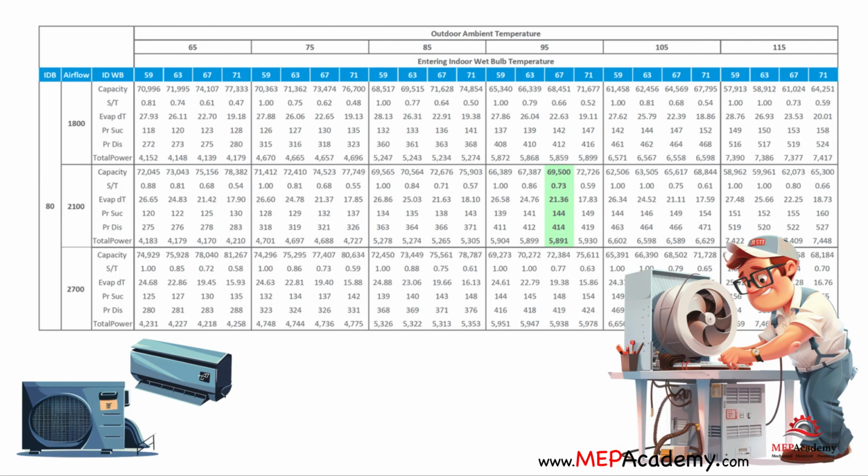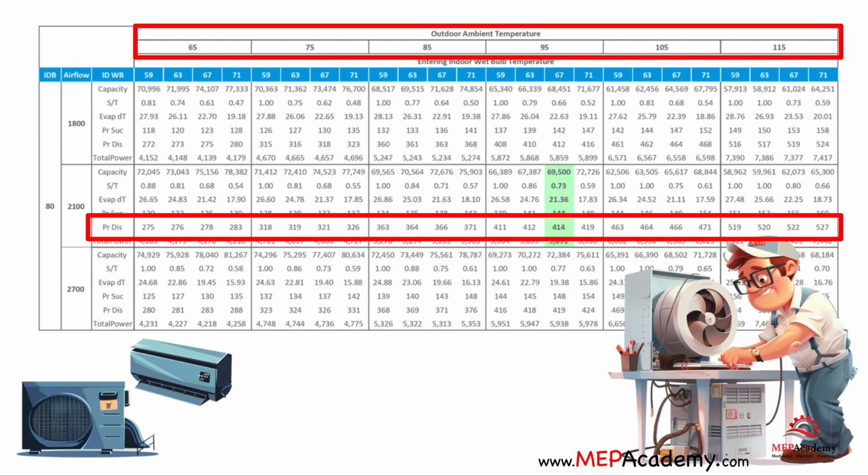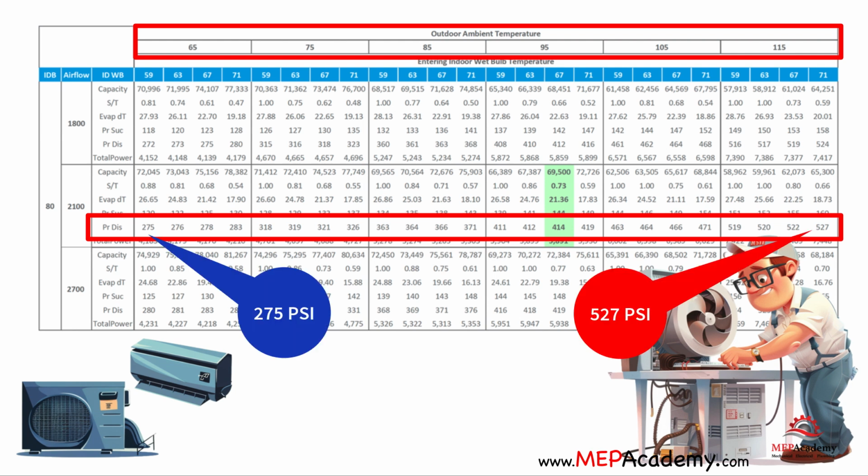Reading air conditioning performance charts. Here is a different manufacturer's performance data for their 6-ton air conditioner. As we already learned in the previous examples, as the outdoor air temperature increases, the system capacity decreases. Notice also, as the outdoor temperature increases, the high side pressure increases from a low of 275 to 527 psi.